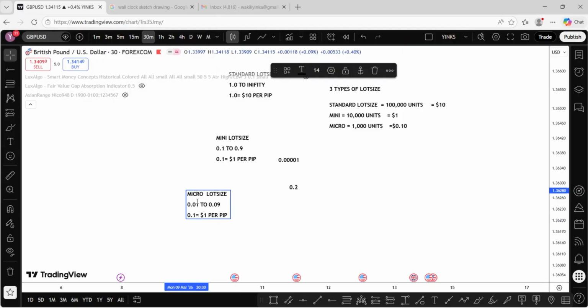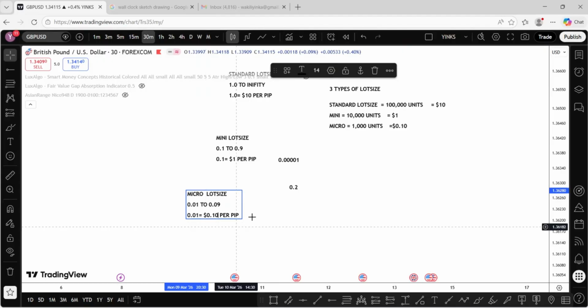So if you're trading between 0.01 to 0.09, you are trading a micro lot size. And 0.01 equals what? 10 cents.